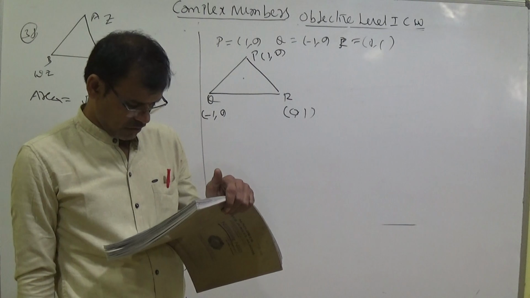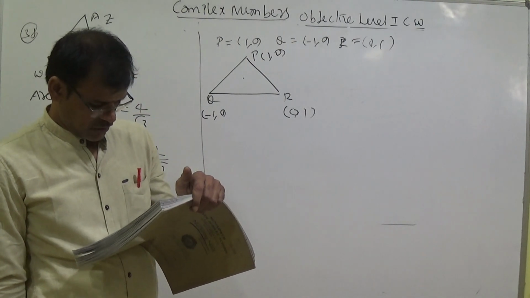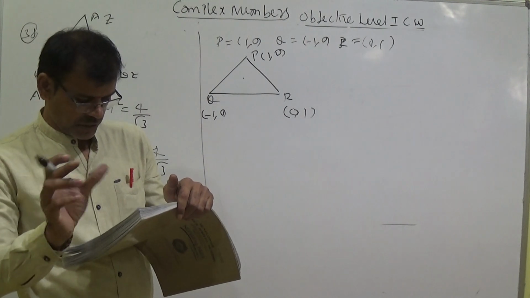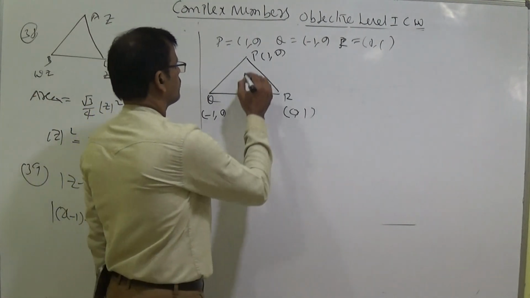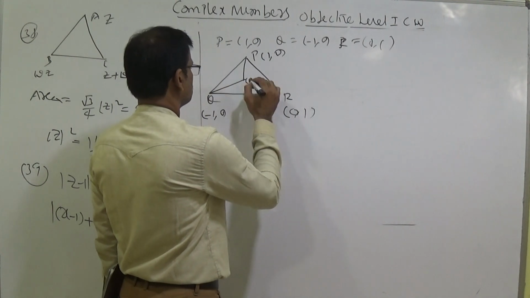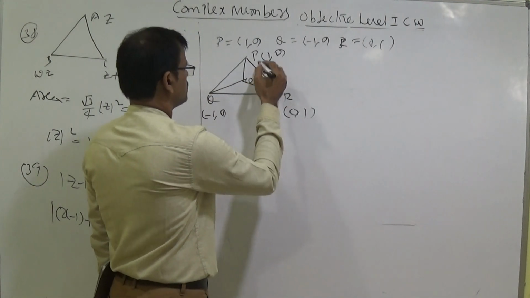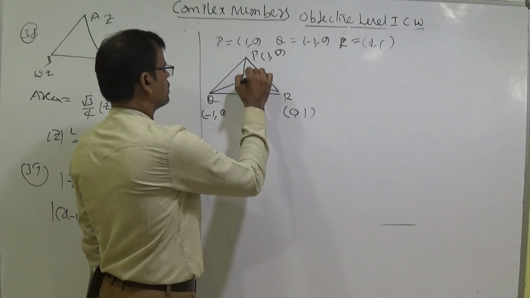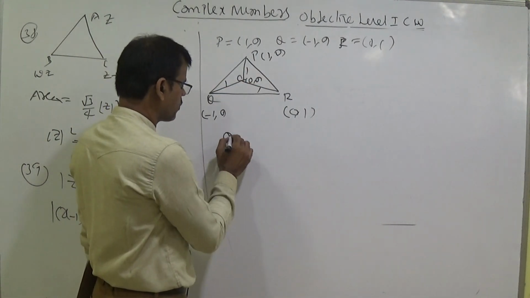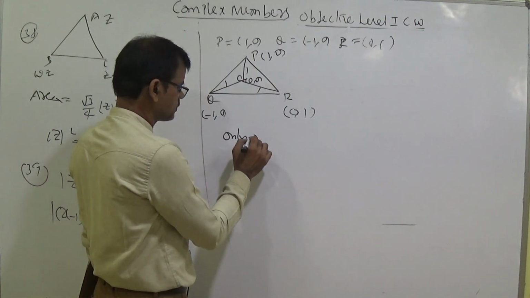So what is he asking? The number of complex numbers z such that they are equidistant. Put here 0 comma 0 and join like this. So the distance OP is 1, this is 1, this is 1. So only one point exists.